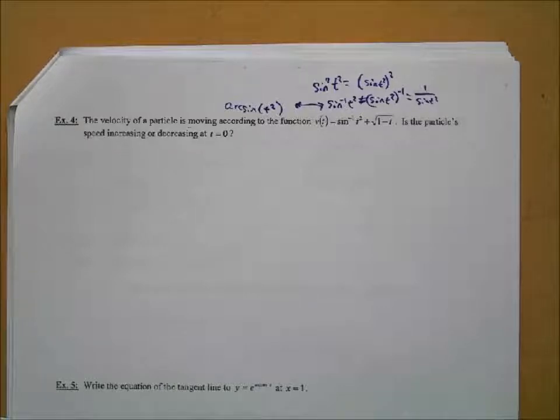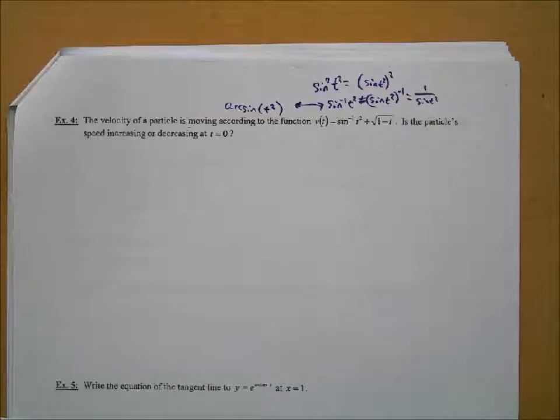If the velocity and the acceleration have the same sign, the speed is increasing. Exactly right. And then how do we determine if it's decreasing? If they have opposite signs. Right, exactly right. So we have to figure out what the sign of our velocity is, and what the sign of our acceleration is at time t equals 0.